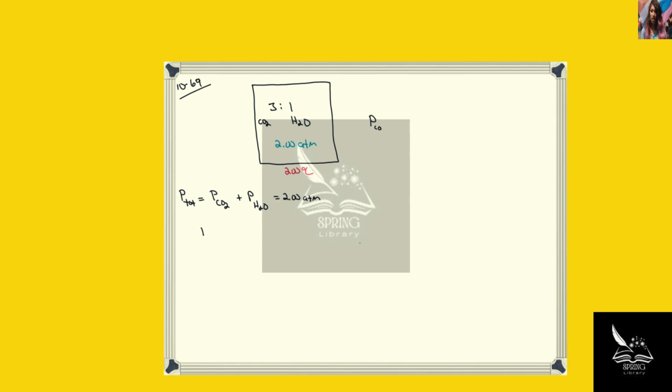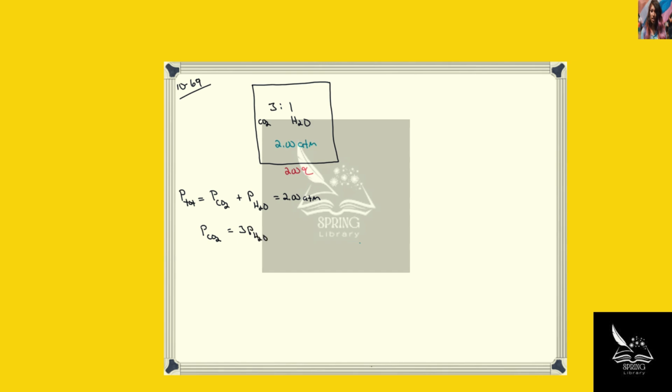So the ratio of CO2 pressure to H2O pressure is equal to the mole ratio of CO2 to H2O. So knowing this, we can state that we have 3 times as many moles of carbon dioxide as we do water vapor, or that the pressure of carbon dioxide is 3 times the pressure of water.